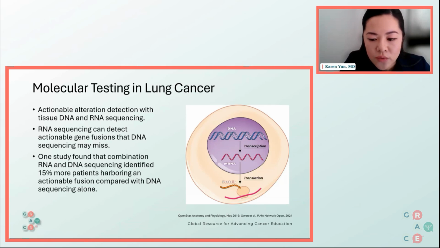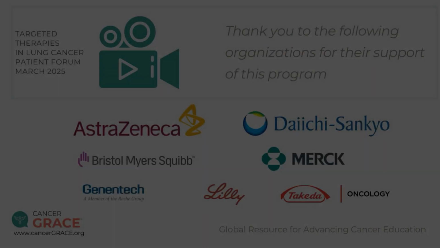And so in the earlier report, I had reviewed a report for DNA sequencing, but if your medical provider orders an RNA sequencing, you might see that as part of the report. So just to make note that, as far as how we're identifying all of these molecular markers, there's a lot of different tests right now that are available to really try to find molecular targets in lung cancer.